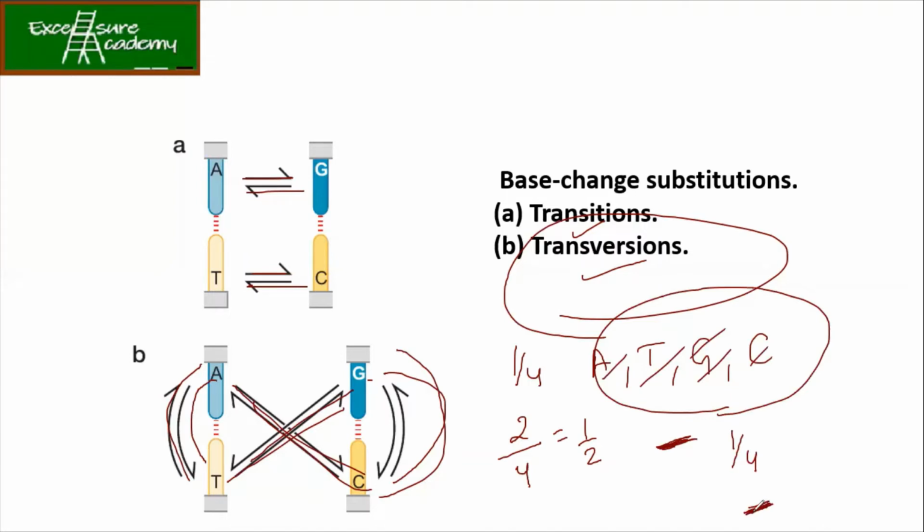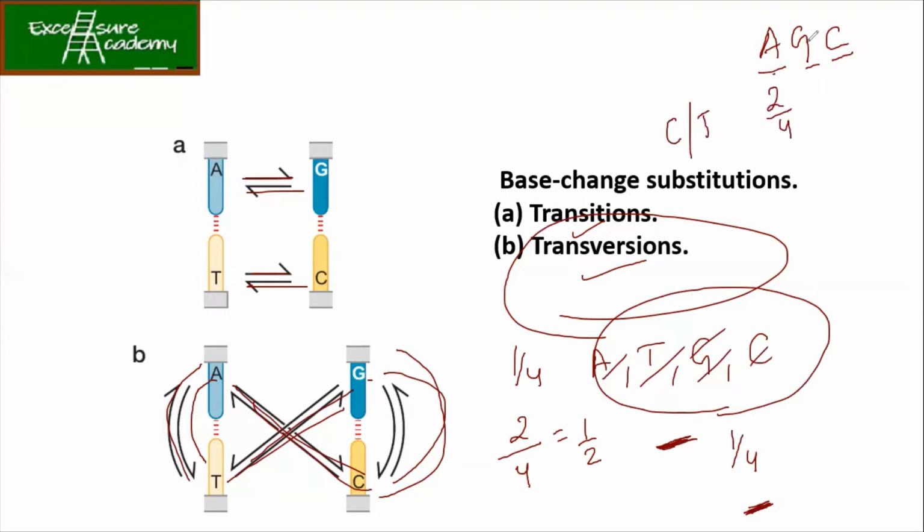It is not given. If in the question we had said that here there is A, here there is G, here there is C, and now what is the probability of transversion occurring, then you calculate for these 3 places. Like in place of A, you can have C or you can have T, right? So here it becomes 2 by 4.